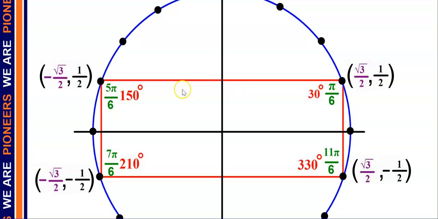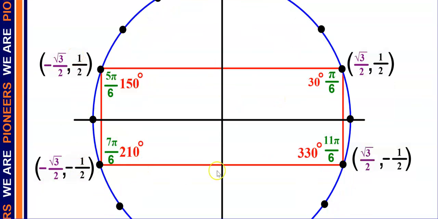The only thing you have to remember is which ones are positive and negative depending on which quadrant you're in. And notice that the radians all have the denominator of 6, and the numerator varies depending on which part of the quadrant you're in. So there's one rectangle that can be formed from the 4 points.